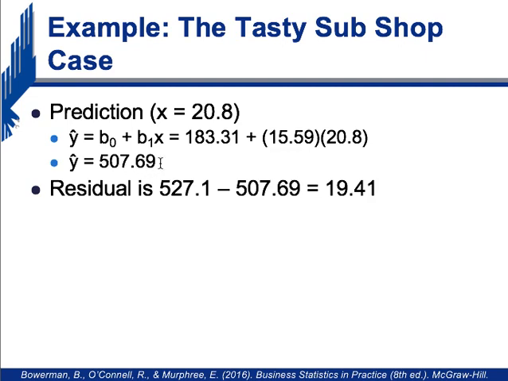This is the predicted value for y, but the actual data we obtained from the sample is a revenue of 527.1. As we can see, the actual value for y is different from the prediction for y, and the difference between the two is known as the residual. The residual for this prediction is 19.41.